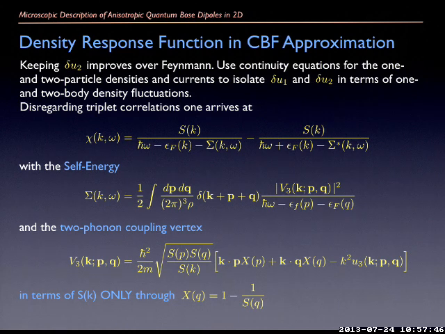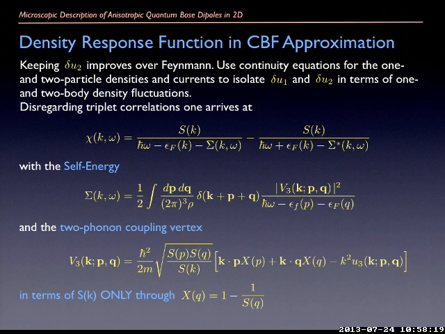This is a typical structure of a propagator with a self energy, which has this form here. Well, okay, there are some nasty terms to look at, but the important thing to notice is that the self energy you get here looks very much like what you would get in second order perturbation theory, starting from a basis of Feynman phonons, with a matrix element which depends only on S of k.